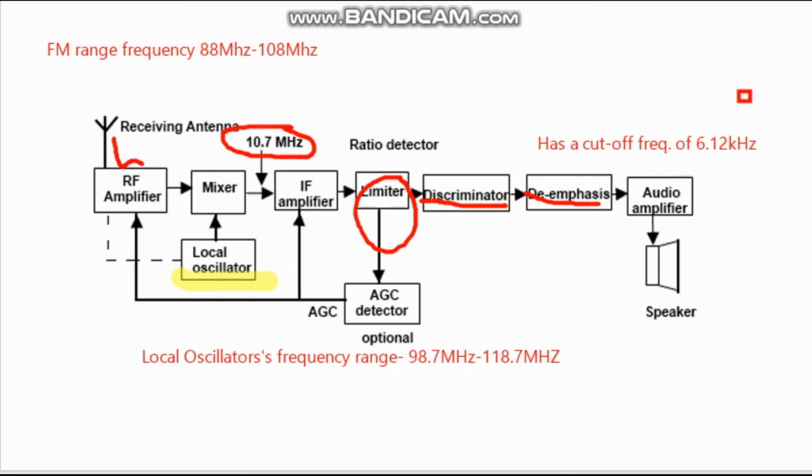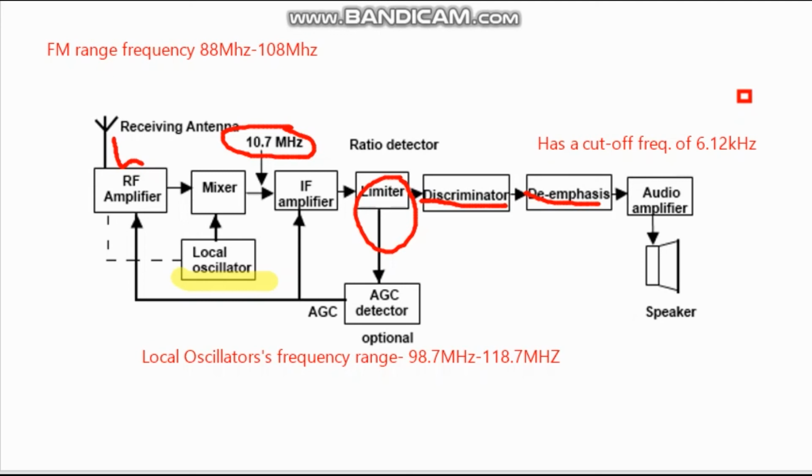After the discriminator, it will proceed to the de-emphasis, which attenuates the boosted high frequency audio signal produced by the pre-emphasis of the transmitter. So the de-emphasis circuit also has a low pass filter with a cutoff frequency of 6.12 kHz just to cancel the noise.